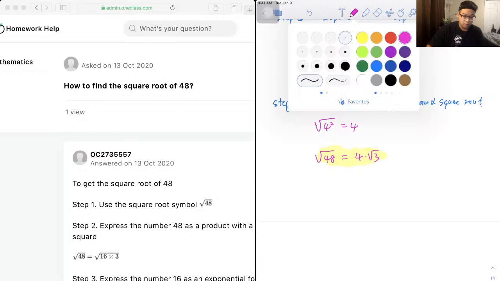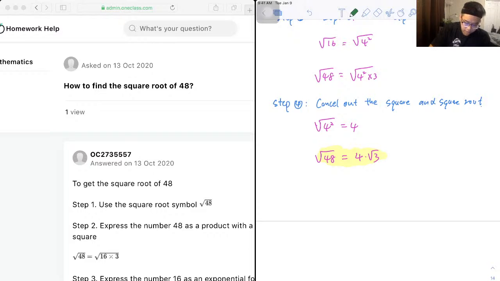And also you can always check your answer by converting 4 to a form that is inside the square root, where 4 is equal to root 16, and then root 16 times root 3 is still going to be equal to root 48, which means our answer is correct.